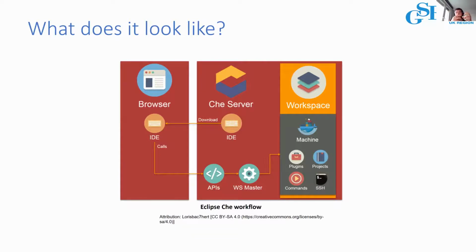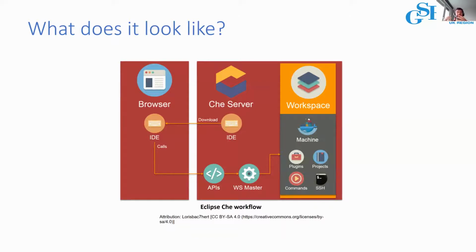The developer, who is on the left side of this diagram, is taking this link and opening it in the browser. And there is nothing the developer needs to do. He just opens the link and builds the workspace from the Che server.